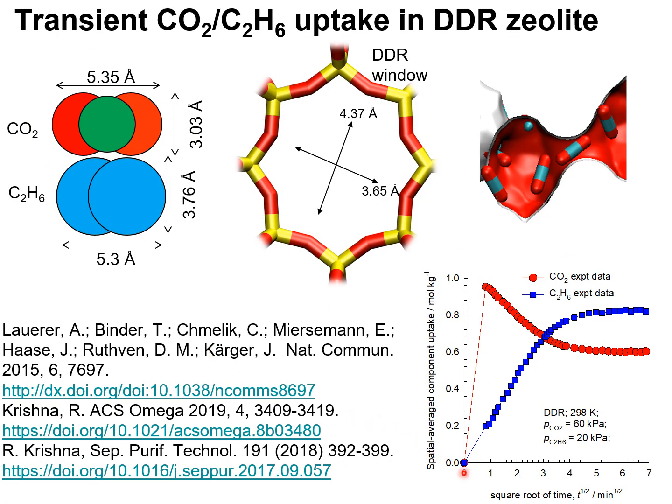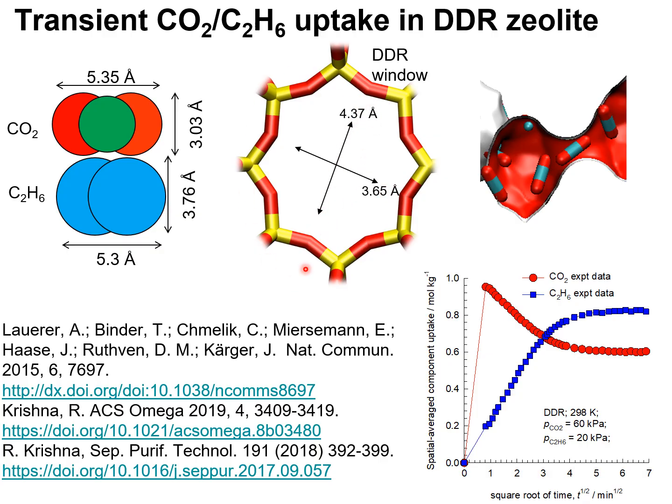Let us examine the experimental data for transient uptake of carbon dioxide and ethane in the ratio of 60:20 inside a DDR zeolite that consists of cages separated by windows that are 3.7 angstrom in this direction, and 4.4 angstrom in this direction.